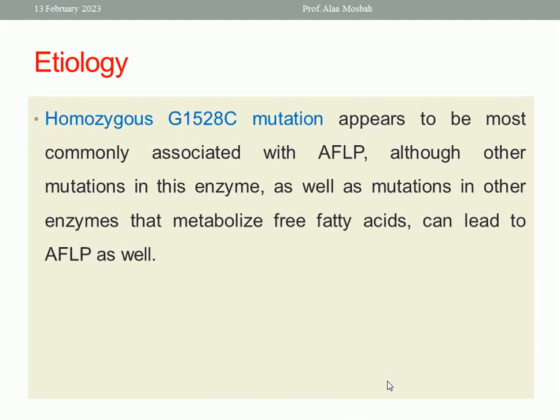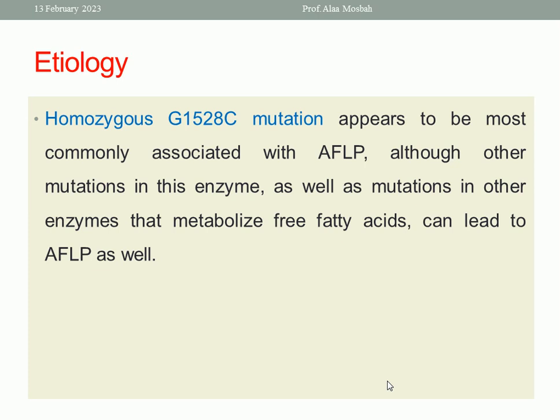So there is a gene mutation, homozygous G1528C mutation, which appears to be the most commonly associated with acute fatty liver of pregnancy. But any gene related to an enzyme needed for metabolism of free fatty acids, if this enzyme is deficient, can also lead to acute fatty liver of pregnancy.